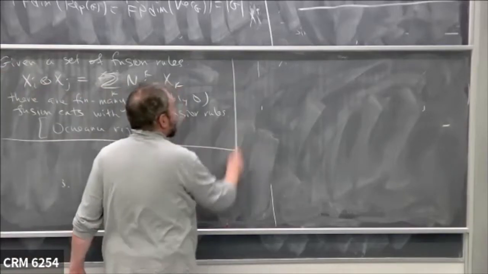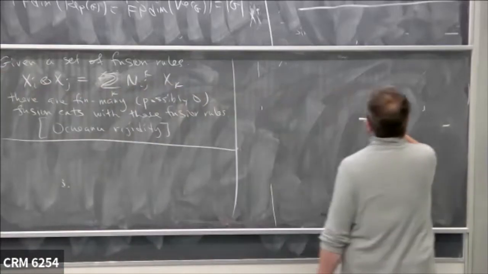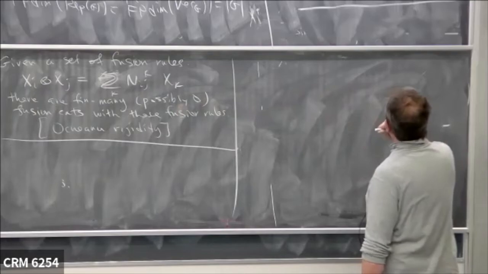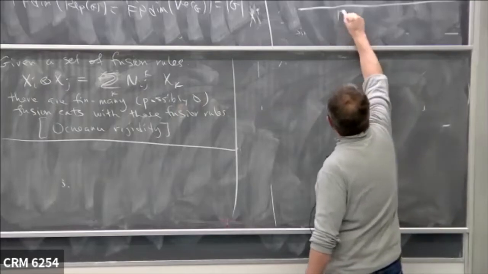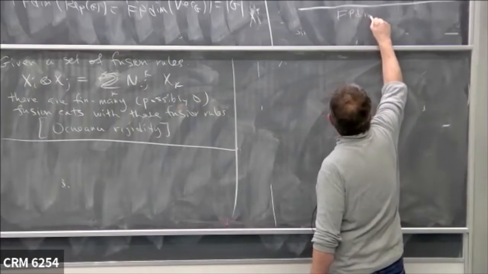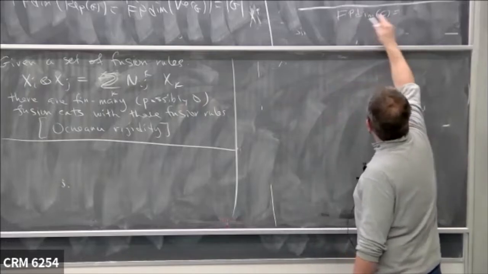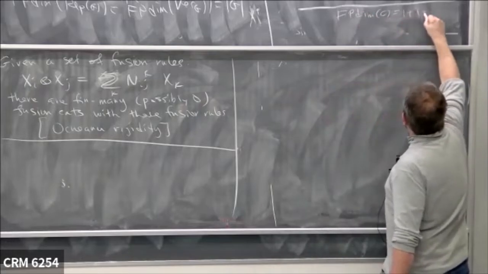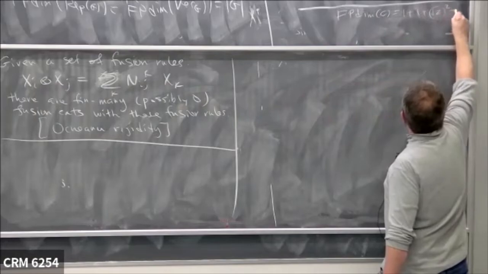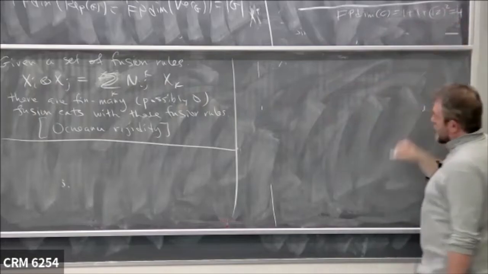All right. I also want to mention another example of a non-integral category. In this case, the Frobenius-Perron dimension of the category would be 1 plus 1 plus 2, which is 4. Now, even that doesn't have to be an integer.